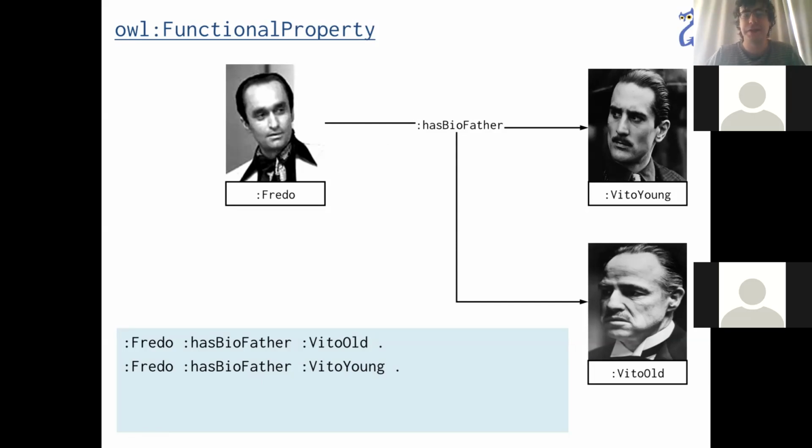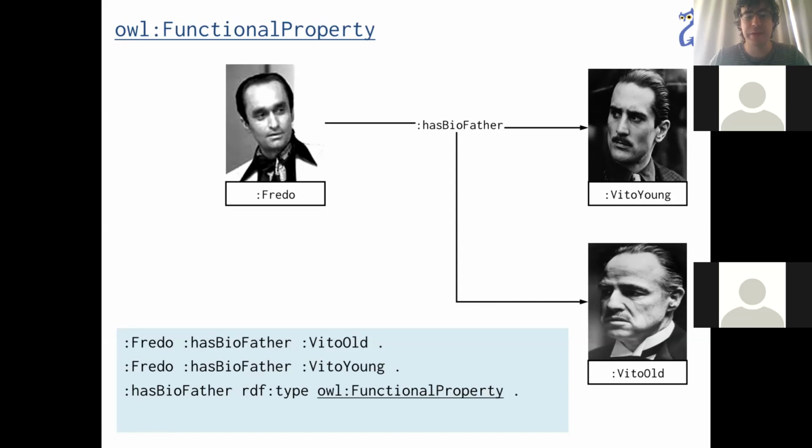So if we have two biological fathers, rather than inferring a contradiction, since we don't have a unique name assumption, we can infer that these two names are two names for the same person.